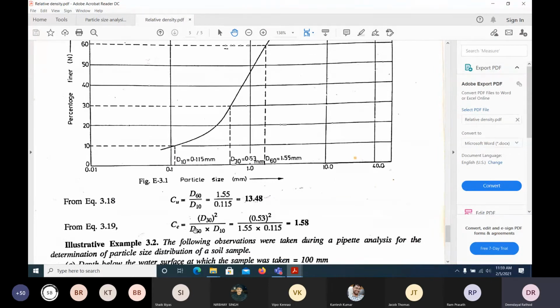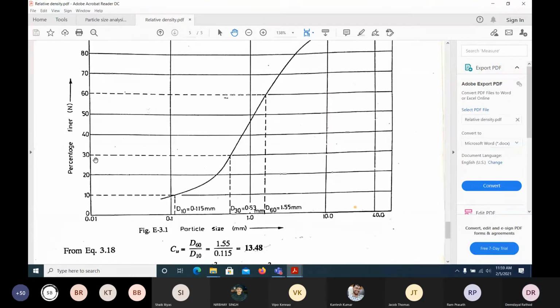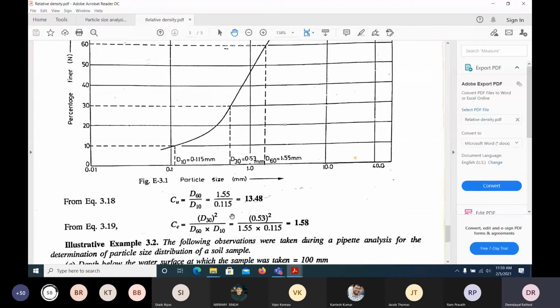D30 square divided by D60 into D10. What is D30? D30 is 0.43, squared, multiplied by D60 and D10. Both are here only, D60 and D10.